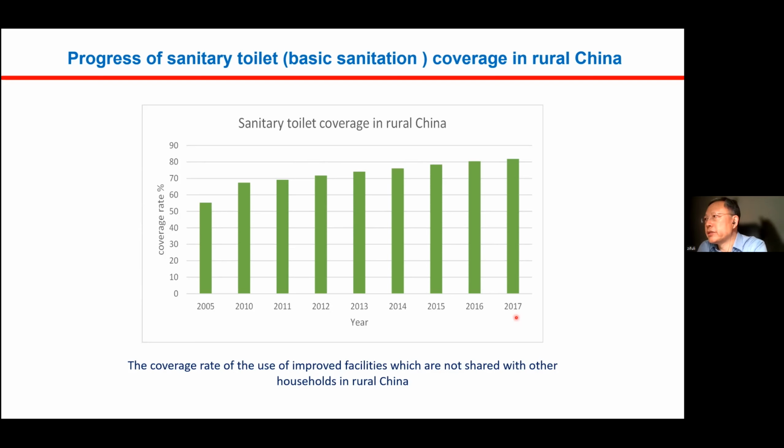So this is a change. That's the reason that until now we only have data up to 2017 in the rural area. From 2005 to 2017, the sanitary toilet coverage in rural China constantly increased, but in recent years this increase is not so significant.